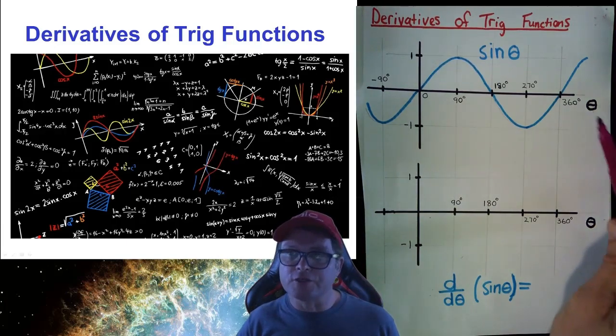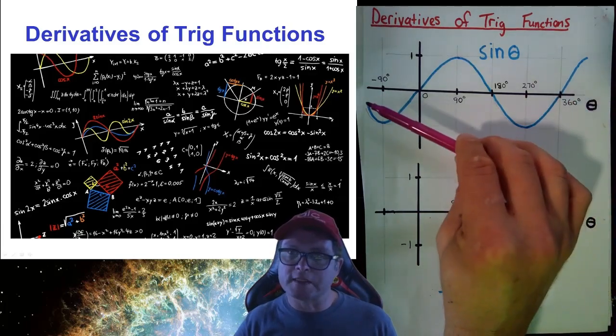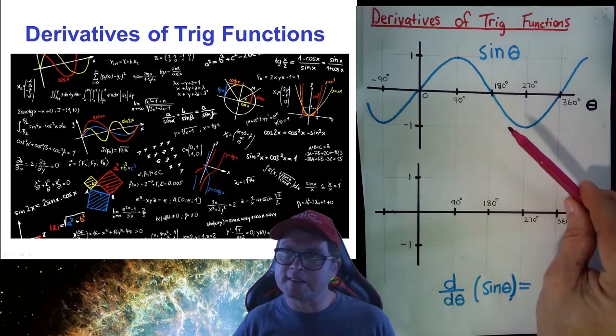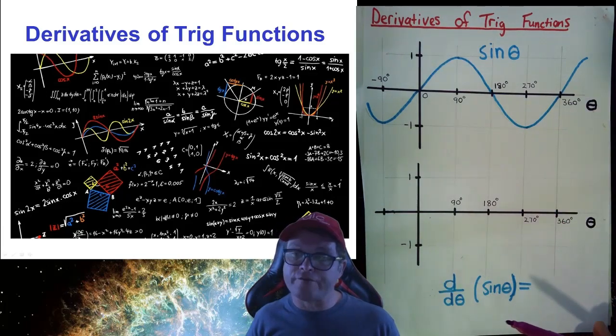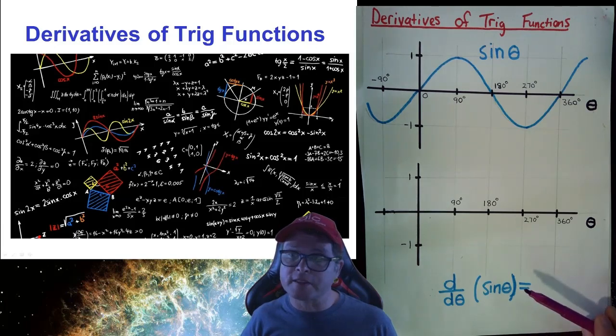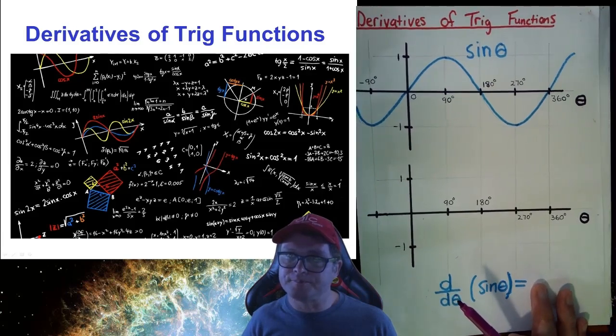The first function we're going to look at is sine of theta. What I've drawn is a graph of sine of theta as shown, and what we're interested to find out is the derivative of sine of theta. So what is d/d theta of sine of theta?